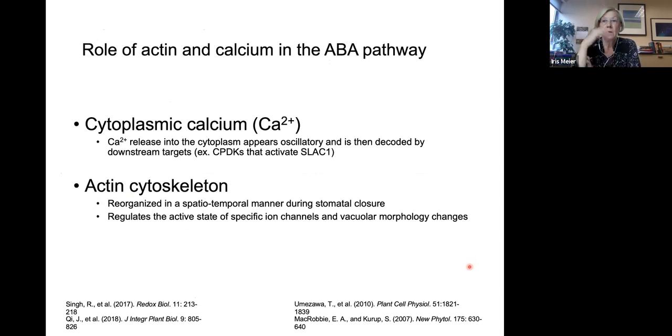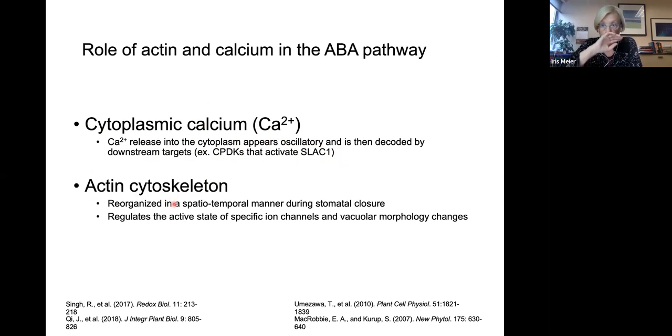So a number of molecules are known that act downstream of ABA in this process. I'm going to focus on 2 here today: cytoplasmic calcium and the actin cytoskeleton. So it's known that release of cytoplasmic calcium, which is oscillatory, is involved in ABA-based stomatal closure. And it's also known that these oscillatory calcium spikes are then decoded by downstream molecules, which eventually lead to the activation of the mentioned plasma membrane inserted ion channels.